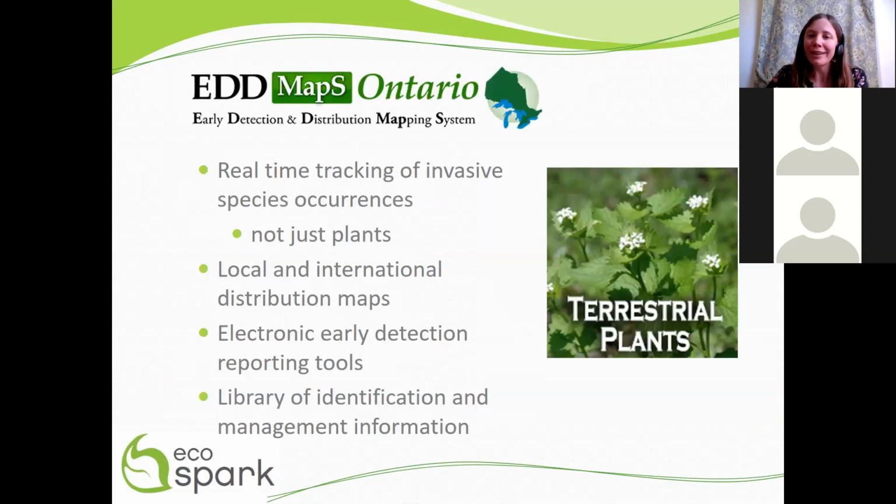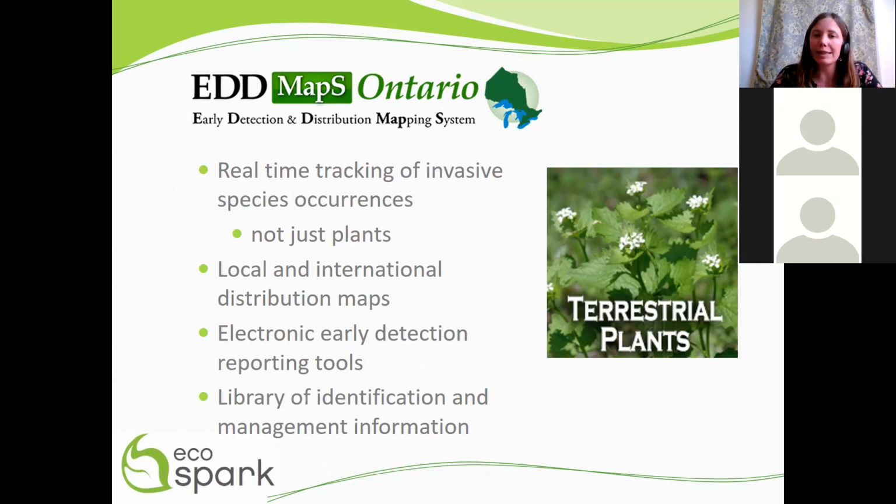What is that for? Why send it into an app? This has come about from a lot of different invasive species management efforts, trying to become more efficient and effective, so getting reports that are very meaningful for prioritizing management, for example. It also provides the participants with real-time tracking of invasive species occurrences.